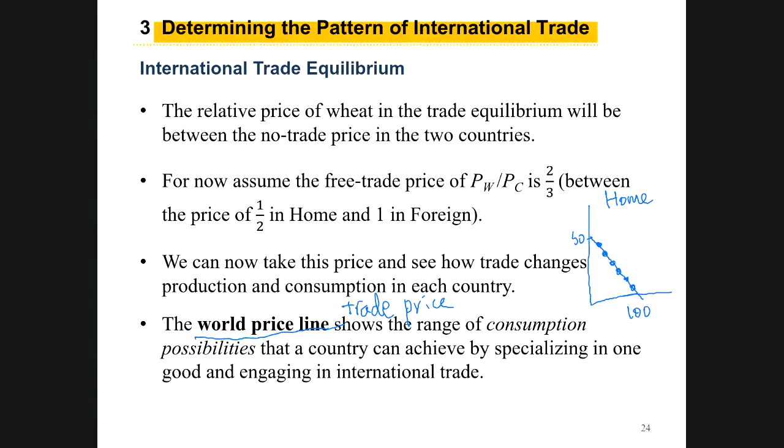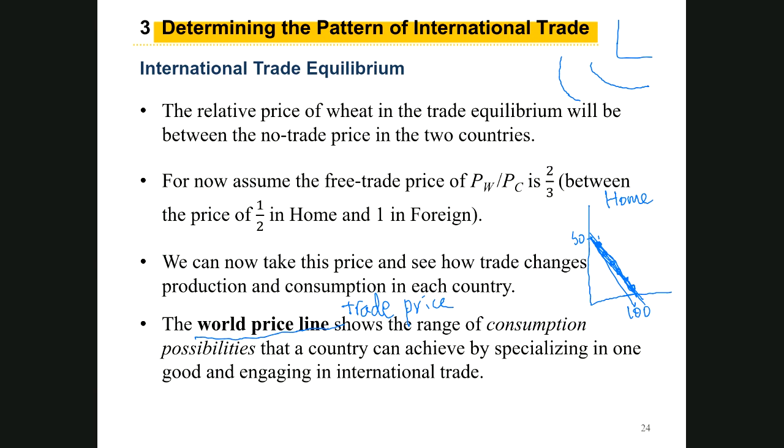No matter what my utility looks like, my utility could look like this, my utility could look like this, I have to make my production and consumption points on this line. So this is the consumption possibility line under the no trade scenario, under the no trade circumstances.